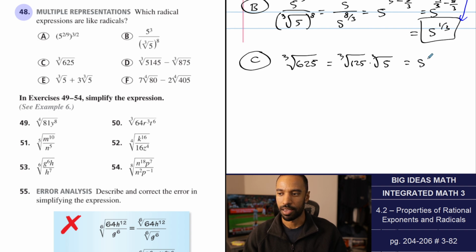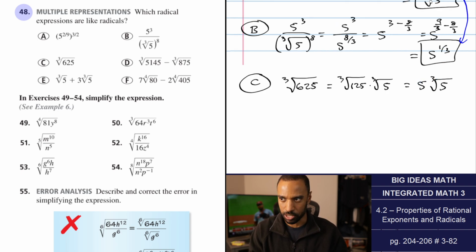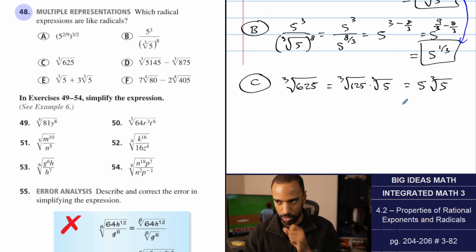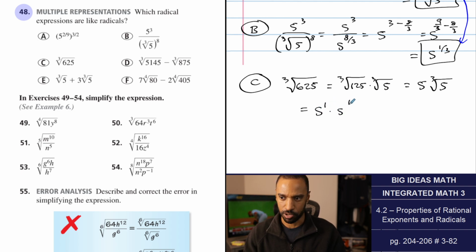And cube root of 125 is 5, like I said, so that's 5 times the cube root of 5. Now, you could be done here. If you want different versions of this, just so we understand whether it's the same as this or not, clearly it's not the same because the cube root of 5 is not the same as 5 times the cube root of 5. But if you do want to see other representations of this, this is also 5 to the 1st times 5 to the 1/3 power, which 1 plus 1/3 is 1 1/3 or 4/3. So it's also 5 to the 4/3 power.